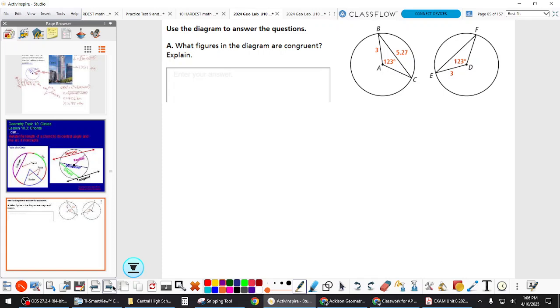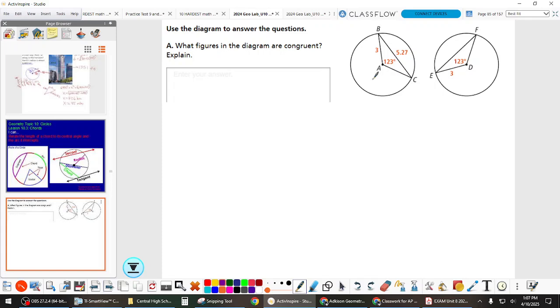He's saying congruent. Why? You know that angle D and A and our radius E to D and B to A. Yeah. Congruent circles, right? Because they have the same radius. Congruent central angle, that's 123 is the central angle.